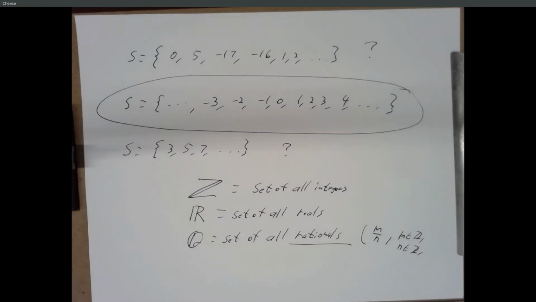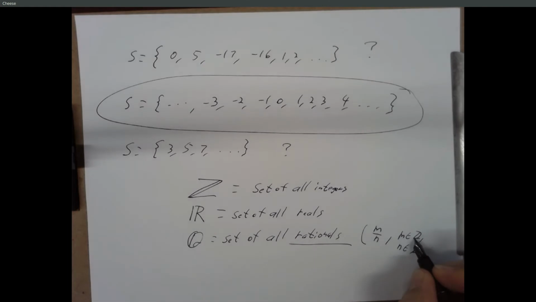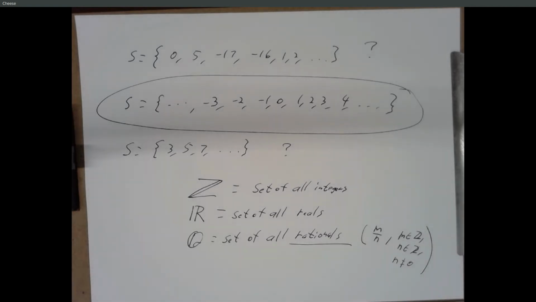So there are numbers of the form m over n, where m is contained in the set of integers and n is contained in the set of integers, and we usually have to specify n is not 0 because we're not allowed to divide by 0 in most courses.